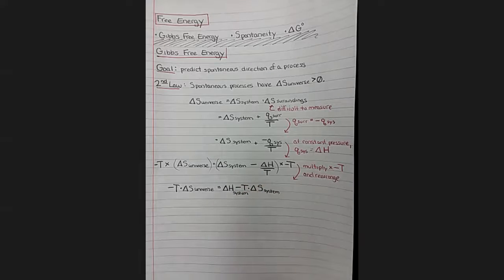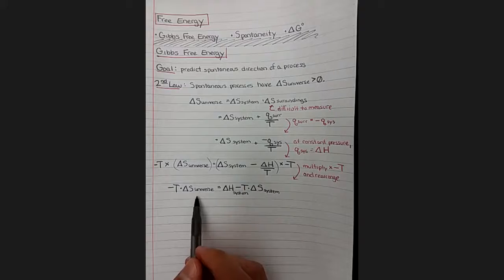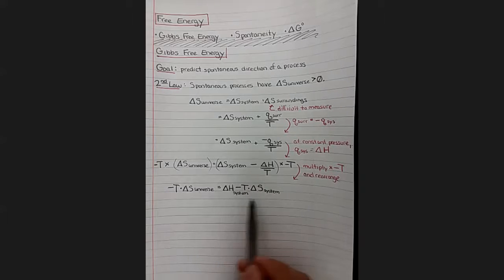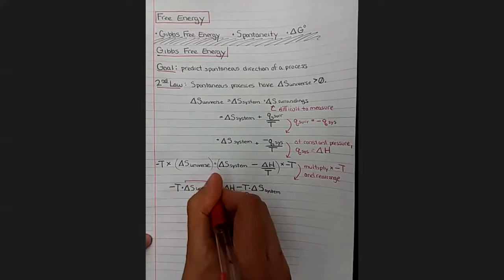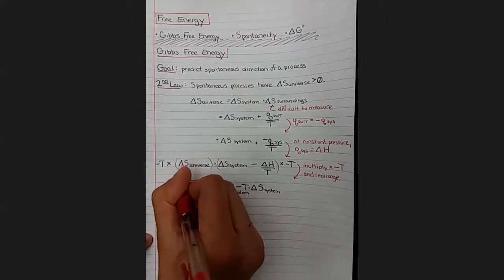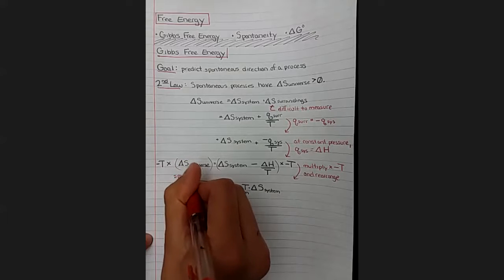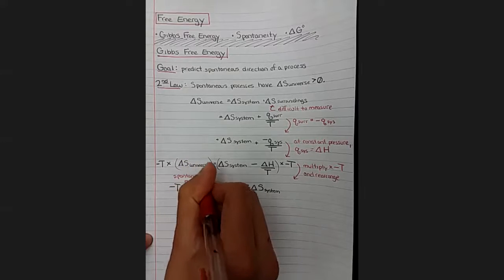All right, so this is looking helpful. We've now got delta S of the universe, our indicator of spontaneity, and we've related it to enthalpy, entropy, and temperature. So we're feeling good. Delta S of the universe, that's our spontaneity indicator.